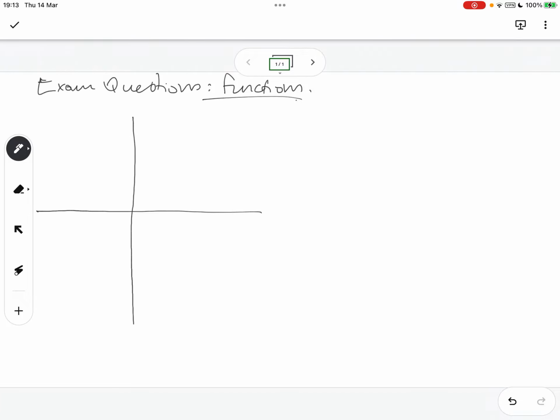All right, so our problem that we're given, we have an axis system, and it's marked out like that.